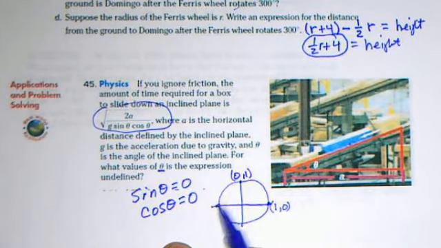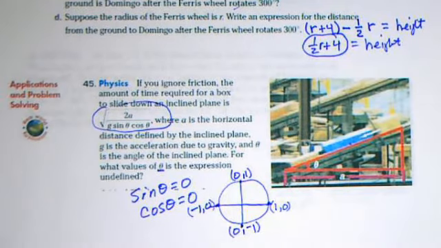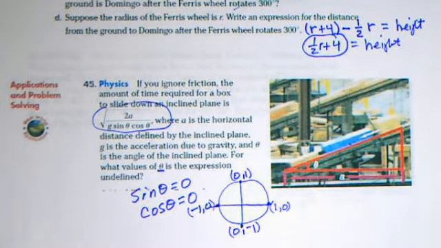At 180 degrees, we have a negative 1, 0. Cosine is negative 1, and sine is 0. And at 270 degrees, we have a 0, negative 1. The cosine of 270 is 0. The sine of 270 is negative 1. So we can use that to find the angles that match the situation.